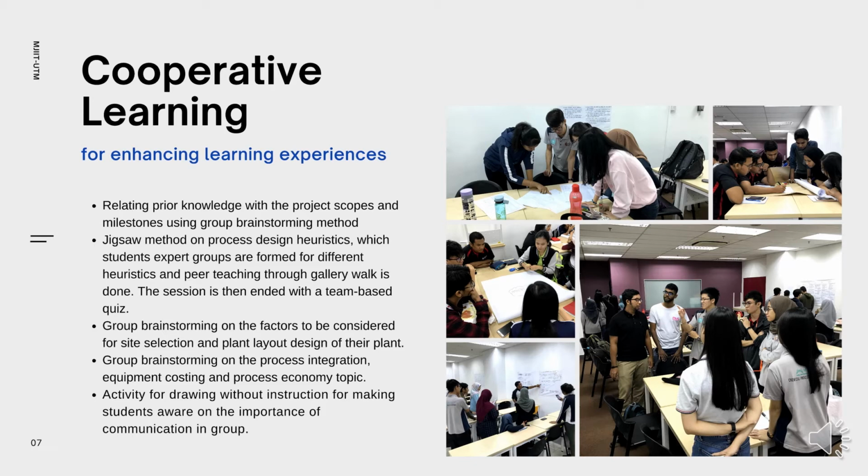A modified jigsaw activity, Avengers Training Centers, is introduced to the students for learning chemical process design heuristics, which promotes individual accountability, positive interdependence, group processing, face-to-face interactions, and interpersonal communication skills. On the other hand, the instructor also conducted some team building activities for creating awareness of the important elements for ensuring team dynamics, such as communication among the group members and listening to others' opinions.